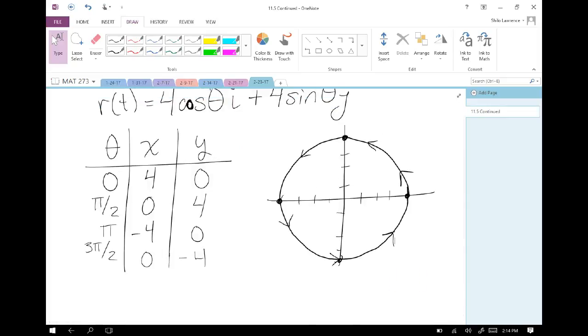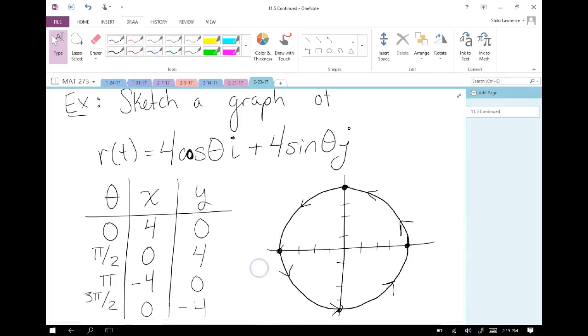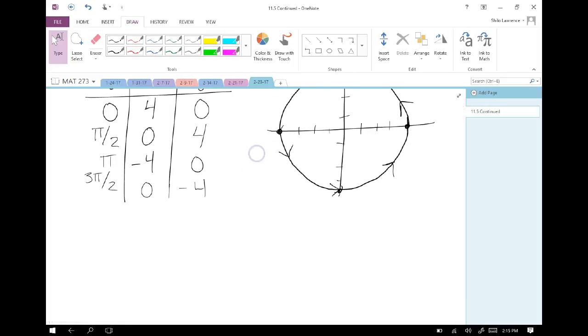All right, so that is the numeric method. So you've got to pick your values appropriately, but we're going to do it differently. We're not going to solve for one and plug it into the other. If we want to solve for theta in one of these equations, we pull them out: x equals 4 cosine theta, y equals 4 sine theta.